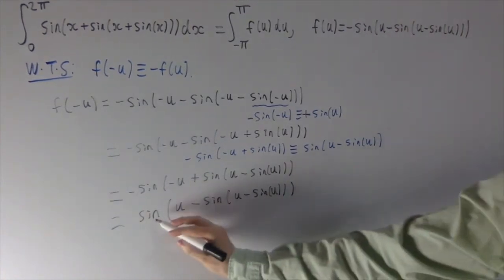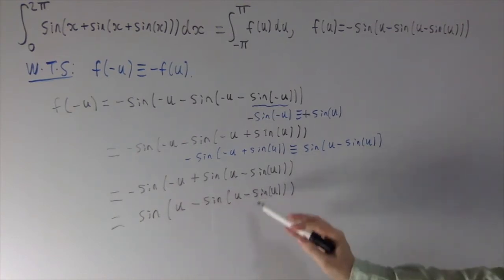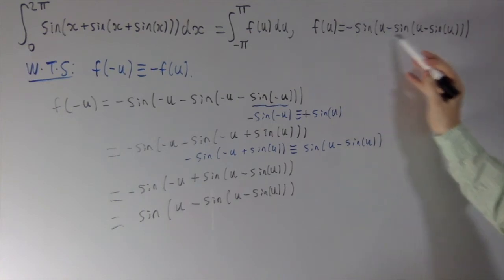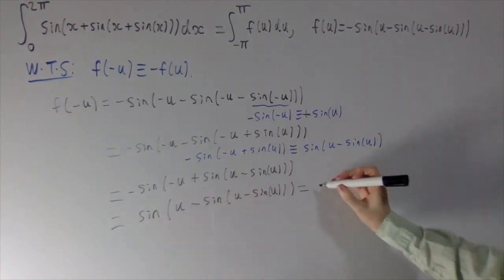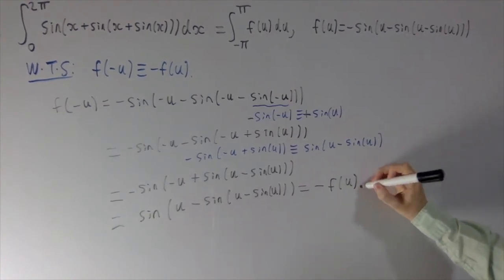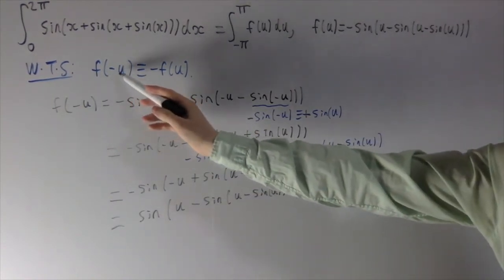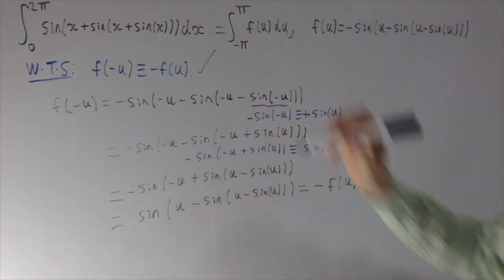Okay, so I've shown that f of minus u is equal to sine of u minus sine of u minus sine of u. And then if we look at what f of u is, f of u is just the negative of this, so this is indeed equal to negative f of u. So we wanted to show that f of minus u is equivalent to minus f of u, and we've done that now.